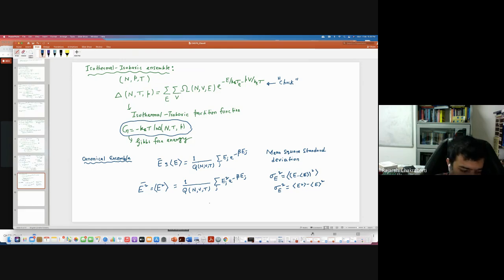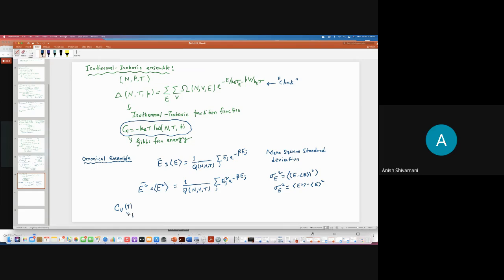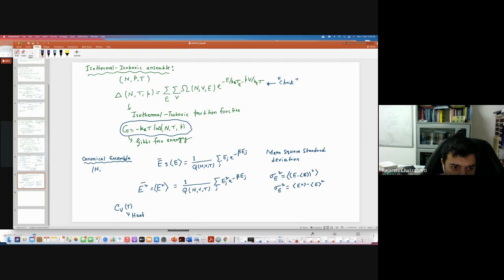And what is the definition of heat capacity? Del E by del T at constant volume, and this is NVT, no?